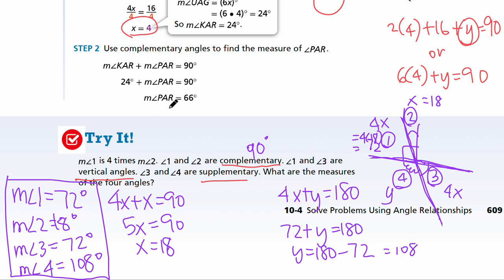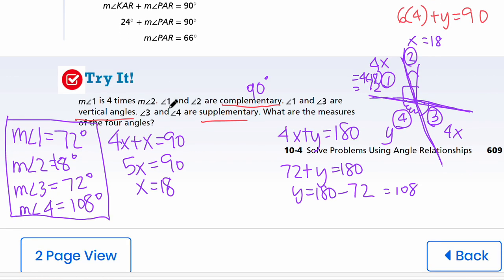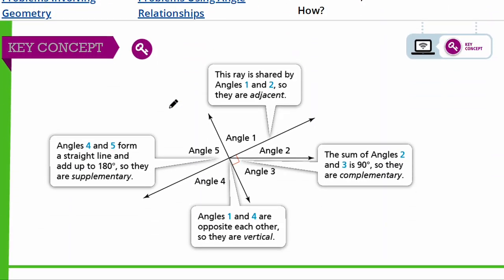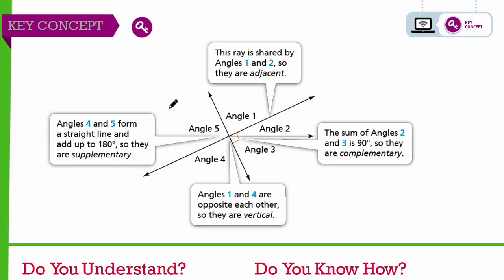Check your answers. Let's look at the summary of the lesson. The key concept of this lesson is that you know what supplementary angles, vertical angles, complementary angles, and adjacent angles are, and how their sum is equal to something.